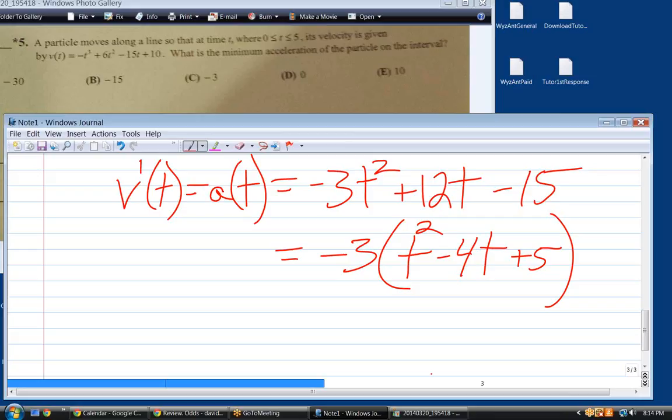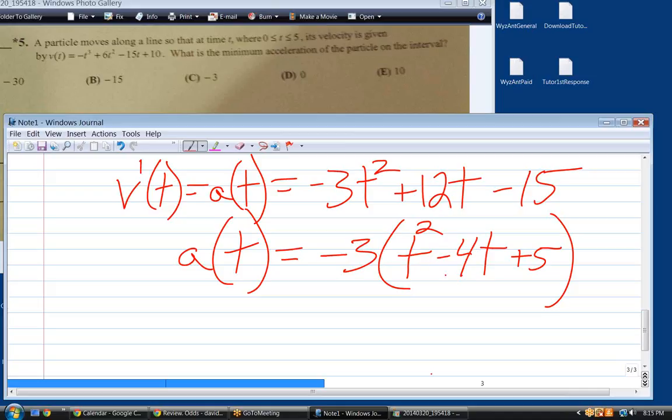However, we can find out the minimum value of the acceleration. If this is the acceleration, as t goes from 0 to 5, let's just try all the answers and see which one produces the minimum value.